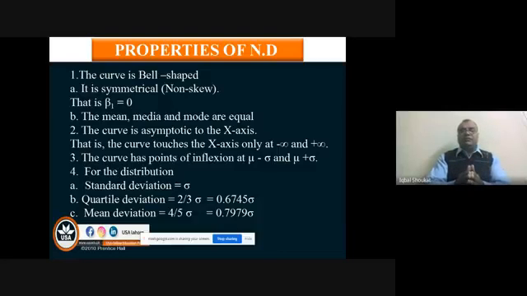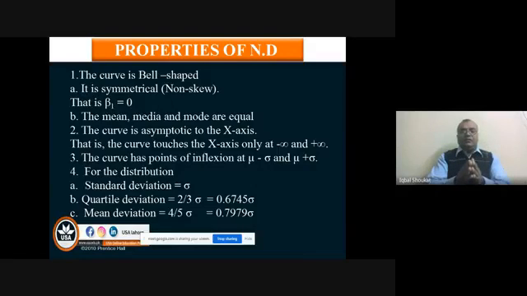Regarding the quartile deviation, the value which divides the difference between the upper quartile and the lower quartile into two equal parts is known as the quartile deviation. Instead of going into the depth of it, just remember the quartile deviation in normal distribution would be two-thirds of its standard deviation, or 0.6745 of its standard deviation.